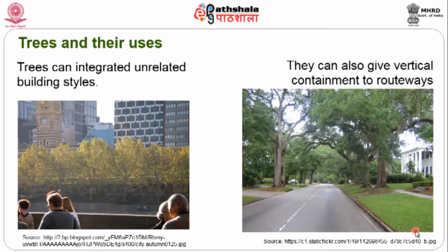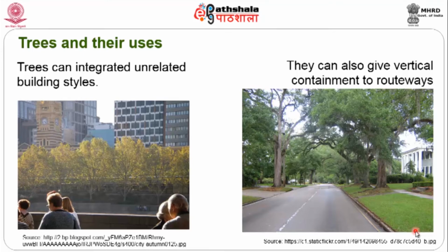It will also be interesting to note that when we give vertical containment by altering the vertical proportion of a particular routeway, trees can also be elements which make a significant contribution to the speed of movement in that routeway.